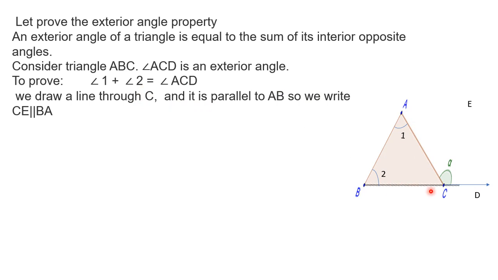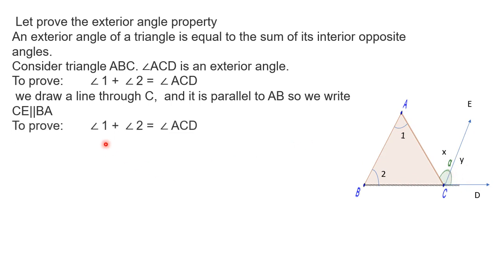Now what we do? We draw a line through point C, which is parallel to the line AB. So we write CE is parallel to AB. Now this line CE divides the angle ACD into two parts, that is angle X and angle Y.